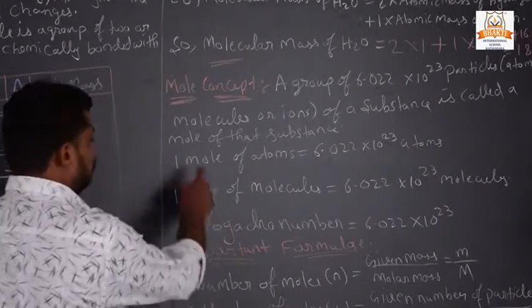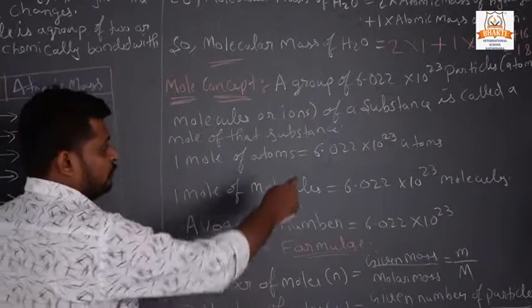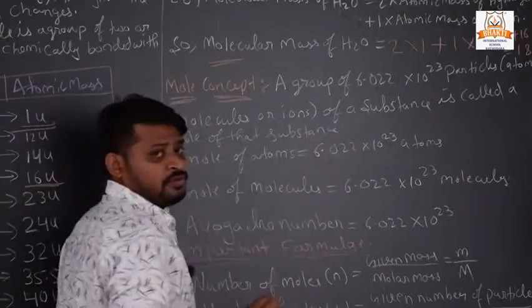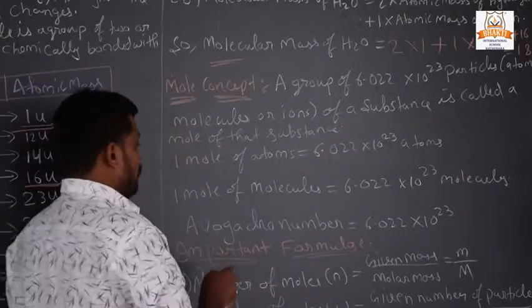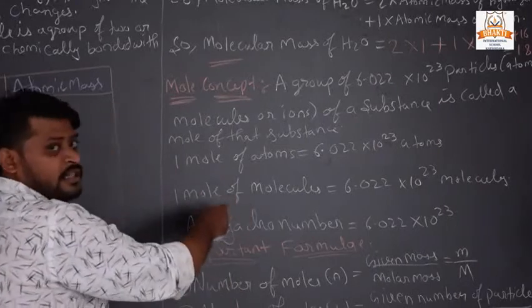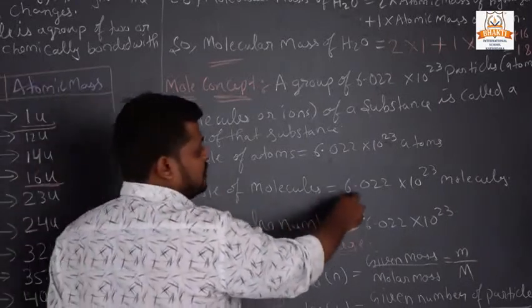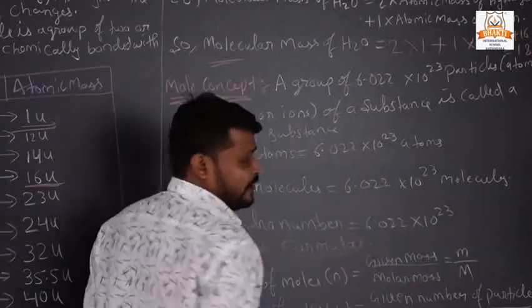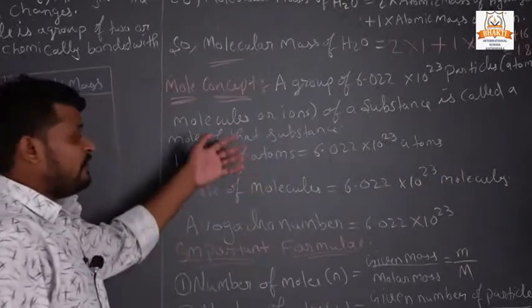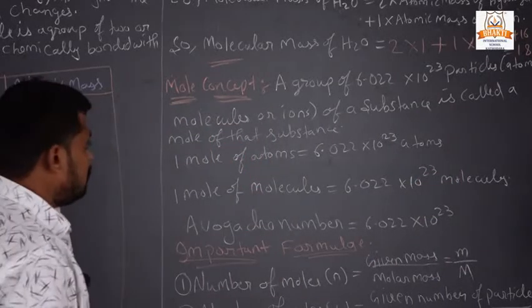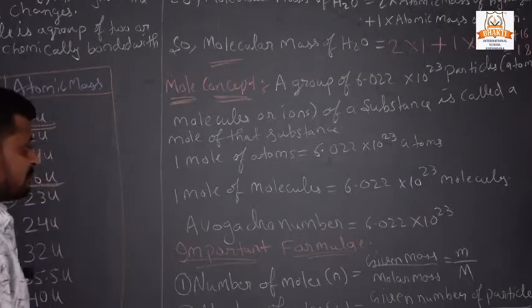For 2 moles of atoms, we multiply 2 into 6.022 into 10 to the power 23. For 5 moles of molecules, we multiply 5 into 6.022 into 10 to the power 23 molecules. Like that we will find the number.